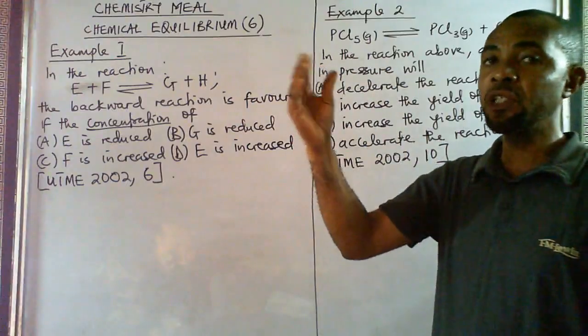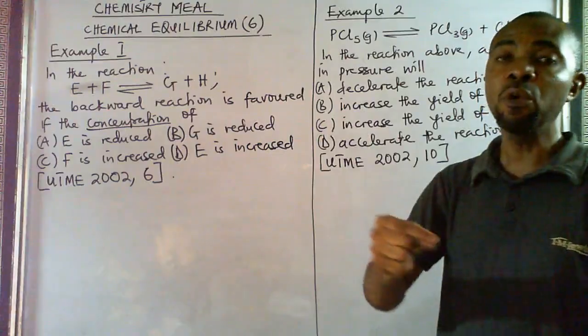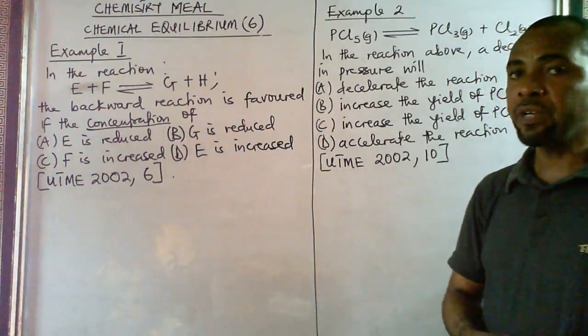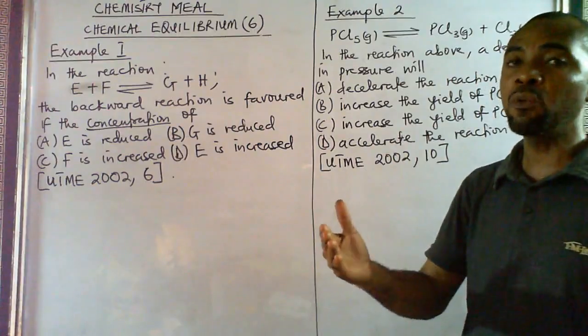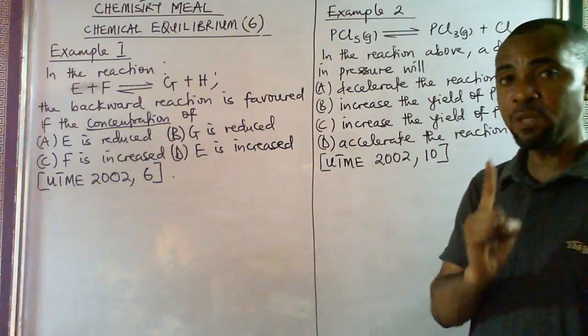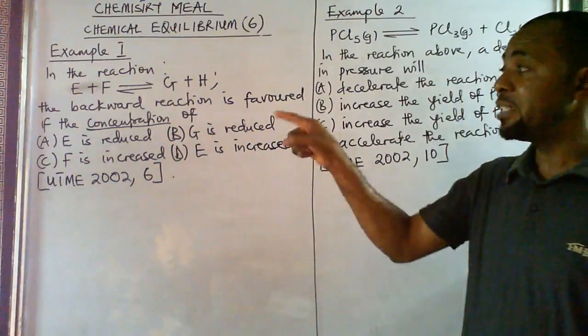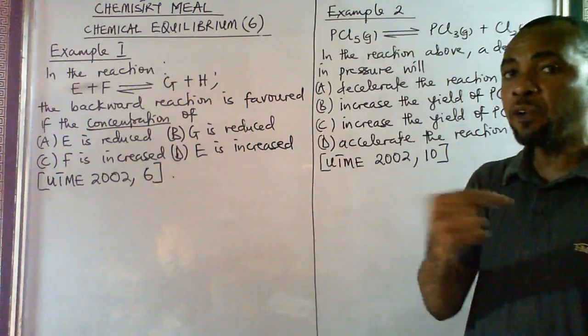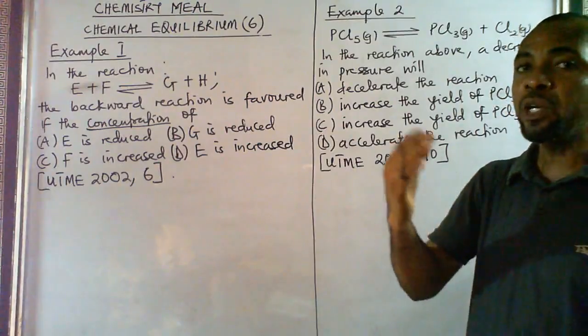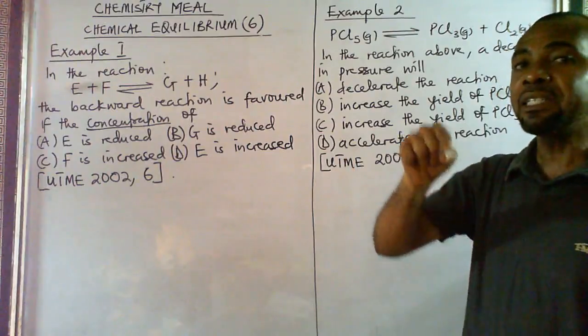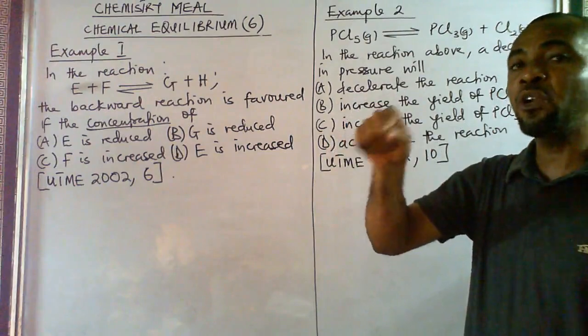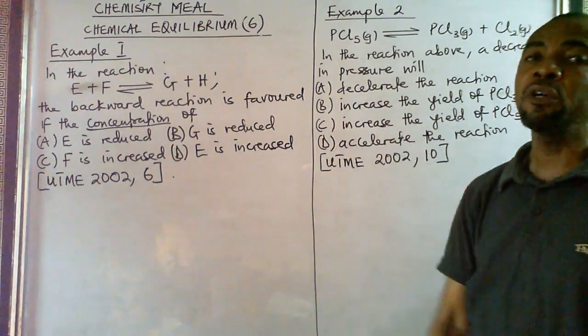Increasing the concentration of the reactant will favor the forward reaction, while decreasing the concentration of the reactant we favor the backward reaction. This question is about favoring the backward reaction. How will concentration favor the backward reaction? We have seen it is decrease in the concentration of the reactant that will favor the backward reaction.